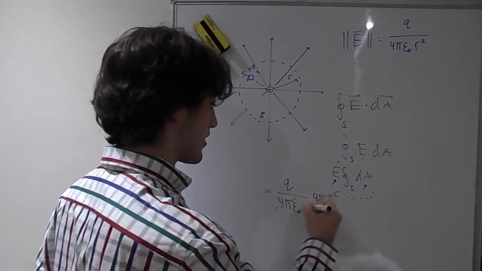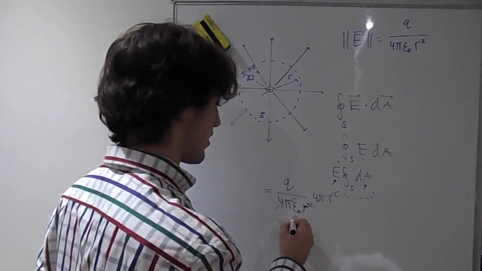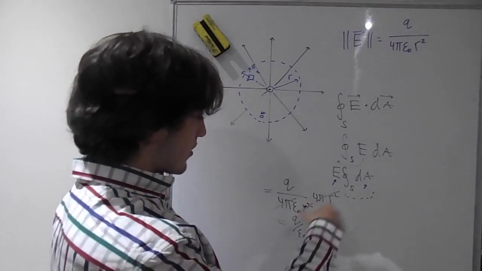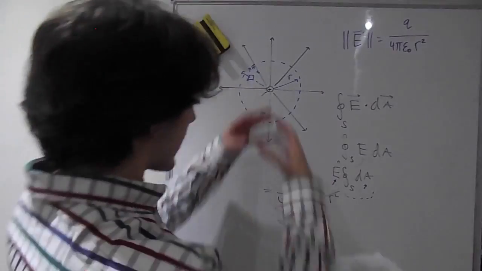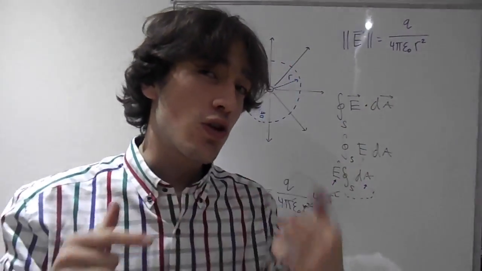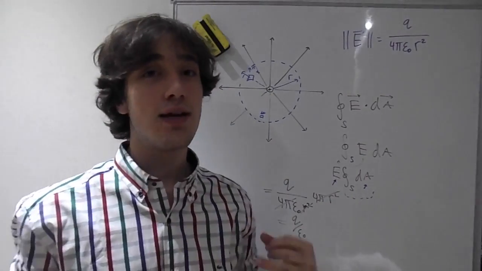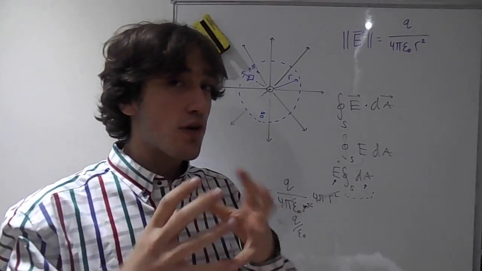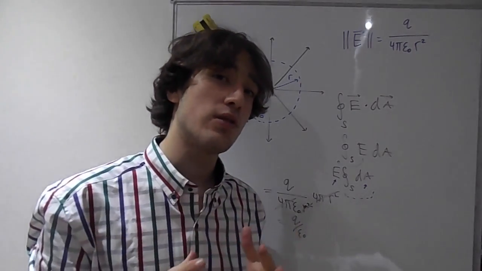That cancels with these two, and we're left with Q on epsilon naught. And notice that the r's disappeared, so that implies that I can choose any sphere of arbitrary radius. And it also turns out, I'm not going to prove that here, that it doesn't necessarily even have to be a sphere. It could be any surface that I want, as long as it's closed.